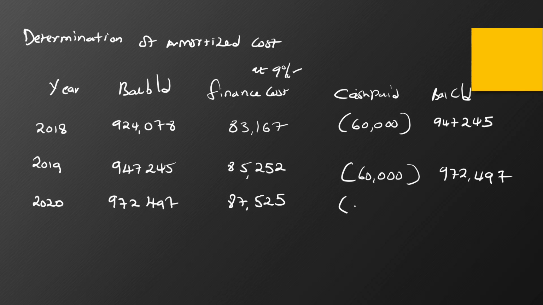The cash paid is 60,000, and since it's being redeemed in 2020, it will be 60,000 plus the 1 million. We are going to pay back the 1 million. So 60,000 plus 1 million is 1,060,000, and we'll have nothing left. So that is the amortized cost of the bond.